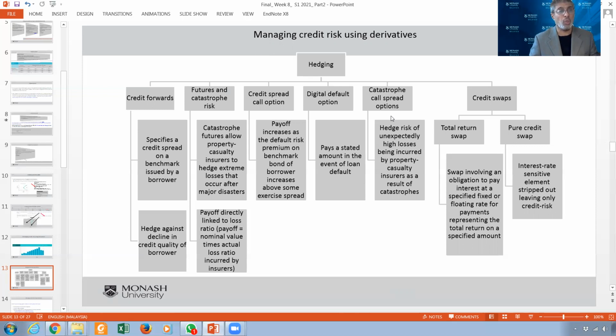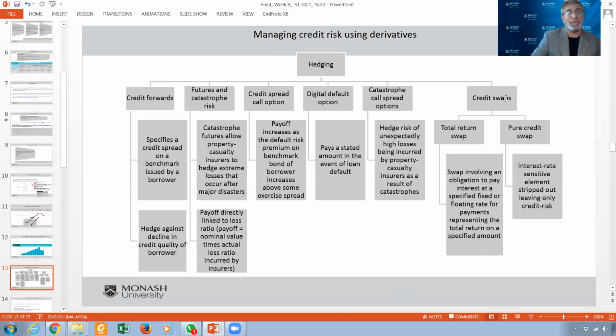Now, catastrophic call options hedge the risk of unexpected high losses being incurred by property casualty insurers as a result of catastrophes. This actually looks like the futures. It's the same thing. However, this is an option and that is a futures contract.